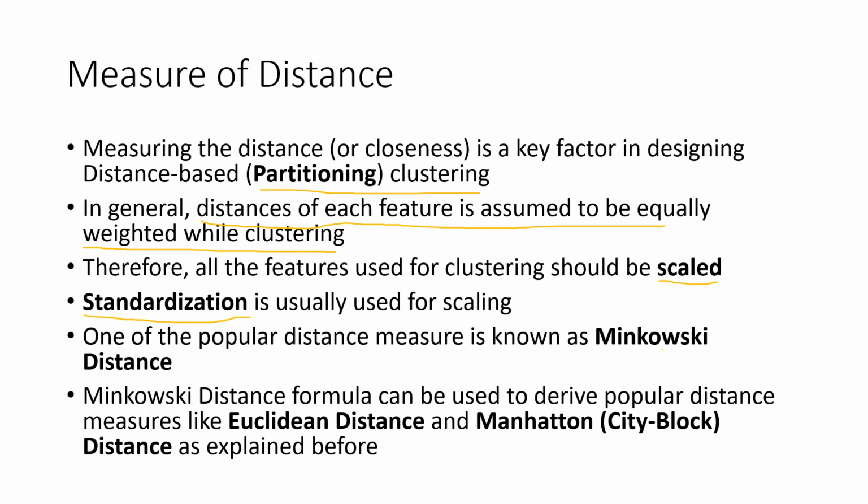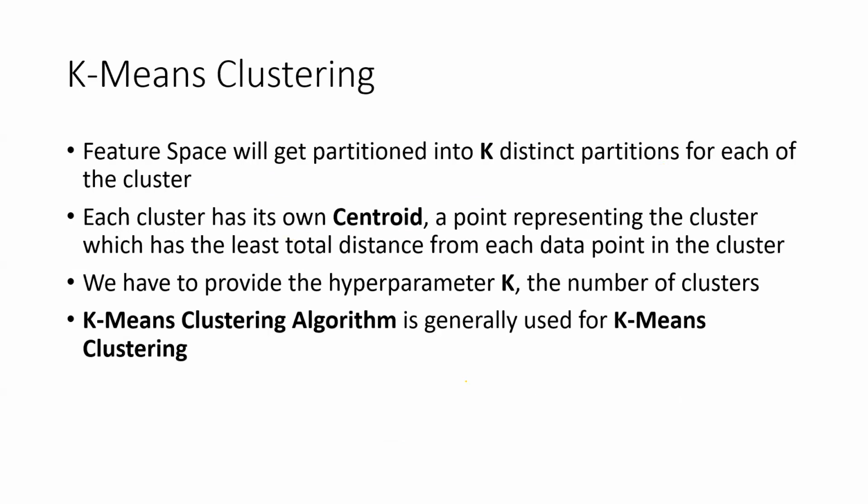So we have earlier mentioned what Minkowski distance is, and we have discussed Euclidean distance and Manhattan distance, and generally we use Euclidean distance for measuring the distance, for K-means clustering as well.